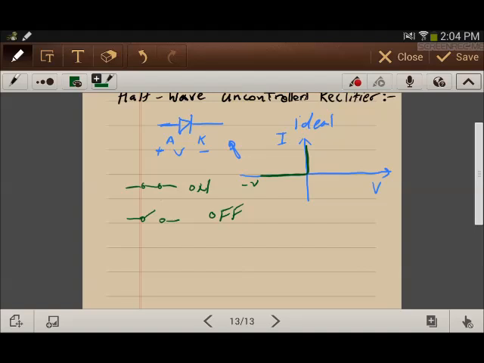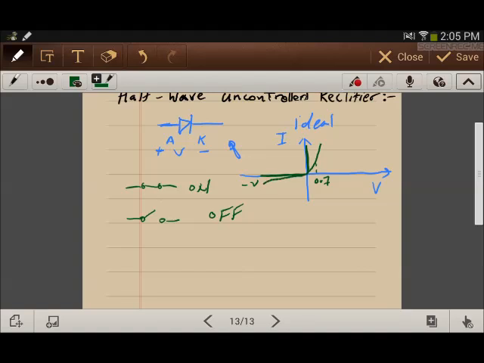For the non-ideal case, for a silicon diode for example, when the voltage across the diode is positive 0.7, the diode starts conducting, and this is like a threshold voltage level to make the diode turn on.